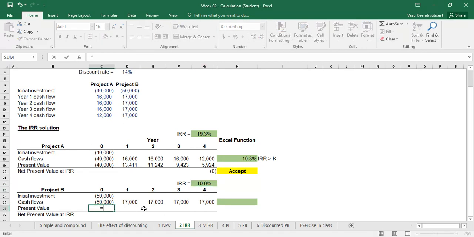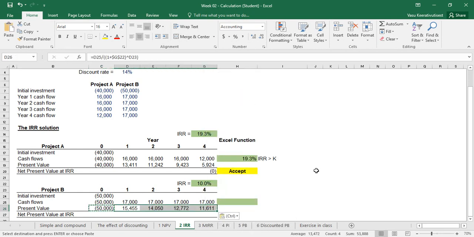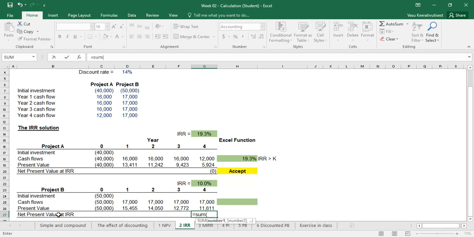So we will calculate the present value together here, divided by 1 plus this one, lock with F4, close parentheses, and then power by this counting period like this. And then I just copy and paste the function. Okay, and I will do the same thing, equal to sum, open parentheses, and select all present value here.